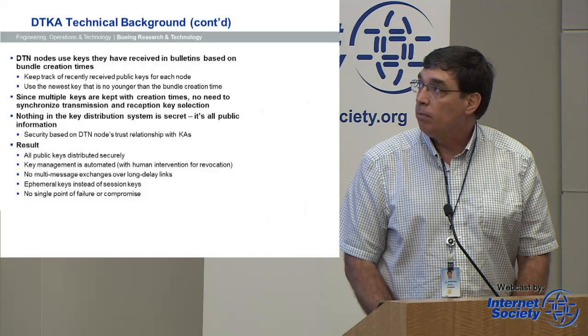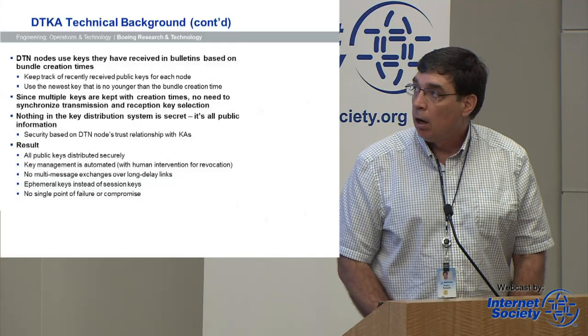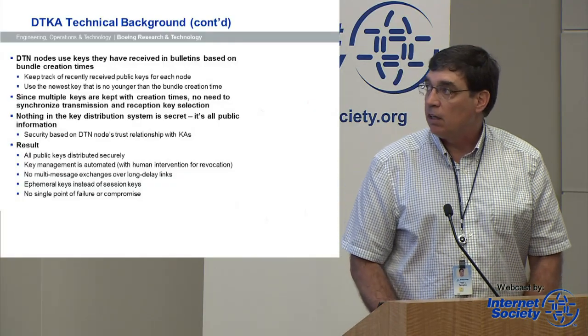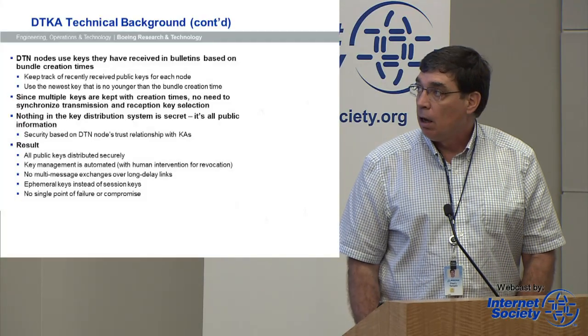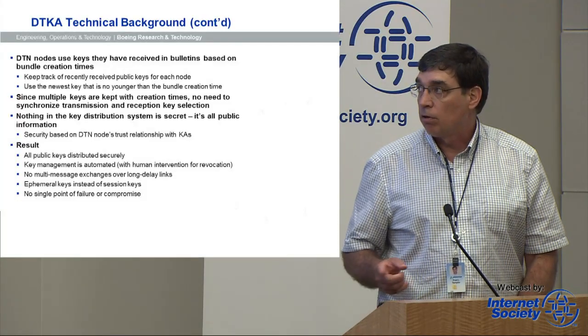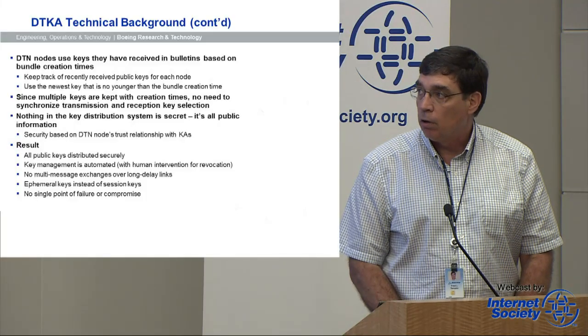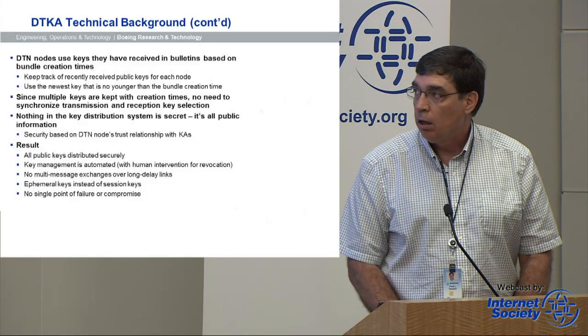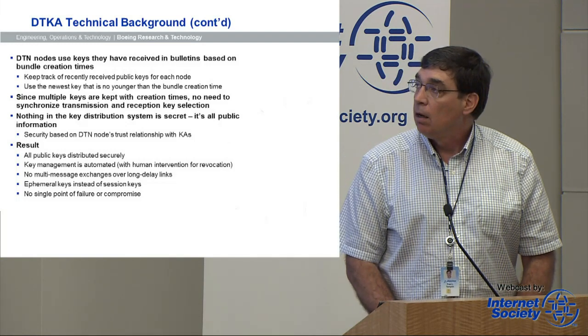And nothing in the key distribution system is secret. It's all public information. So the result is that all public keys get distributed securely, key management is automated, there are no multi-message exchanges over long delay links. We have these ephemeral keys that we use that are accompanying each bundle, and no single point of failure or compromise.